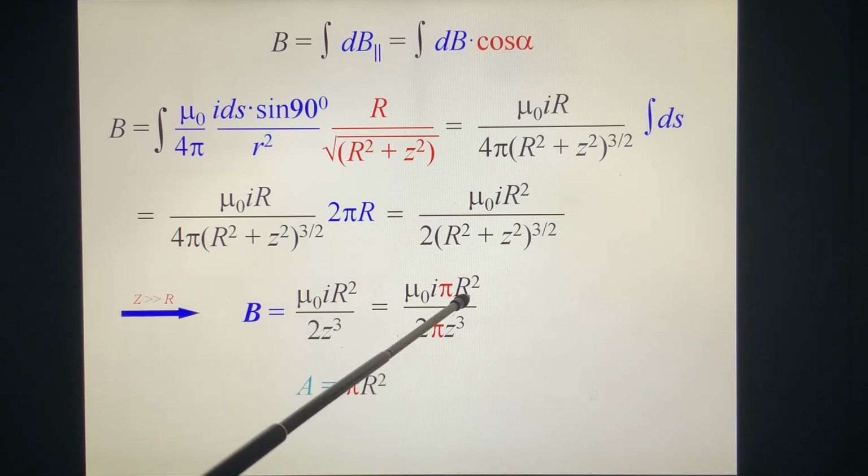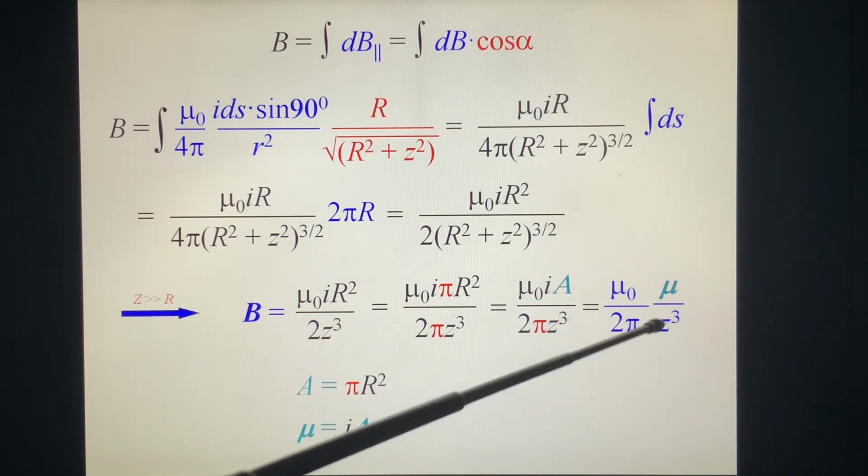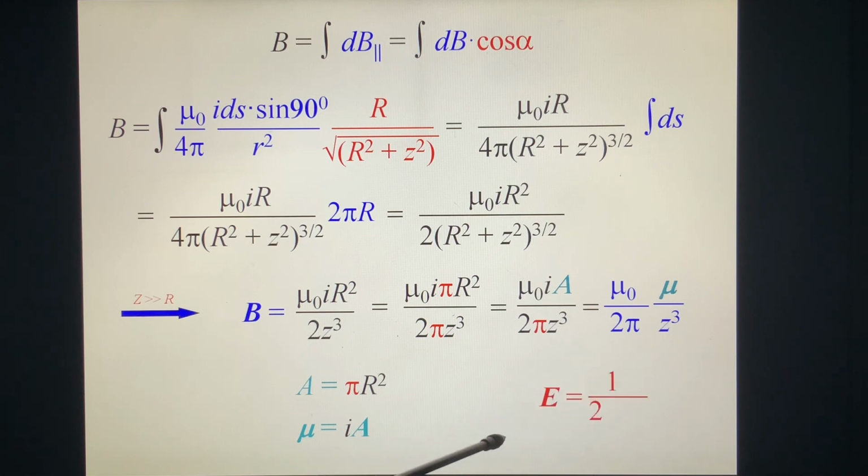So I A is the magnetic dipole moment of this coil with current I. This B is the magnetic field on the axis of a current coil when z is much larger than R. Let's compare it with the electric field produced by an electric dipole.